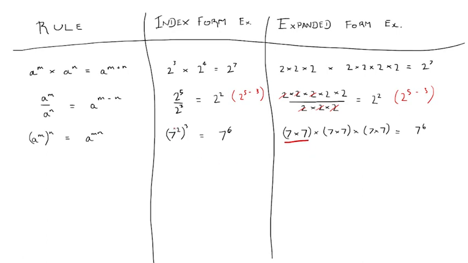If I'm taking that to the power of 3, that means I've got 3 of these multiplied together. So 1, 2, 3, here it is. And you can see that there's 3 lots of 2 here. And that's why we do 3 times 2, or m times n. 3 times 2 is 6, so we get 7 to the power of 6.